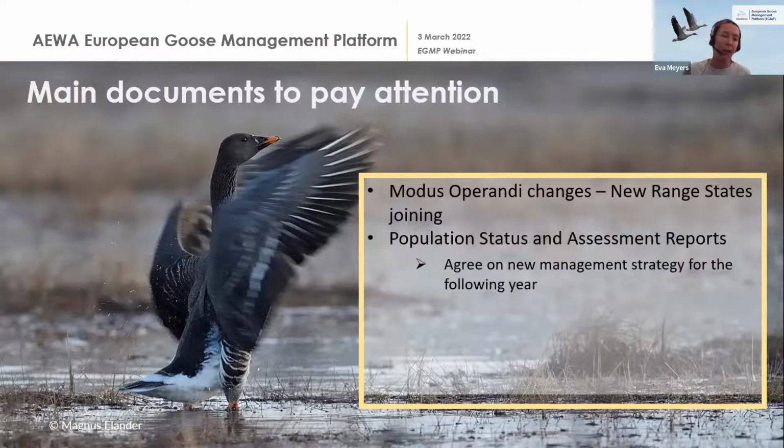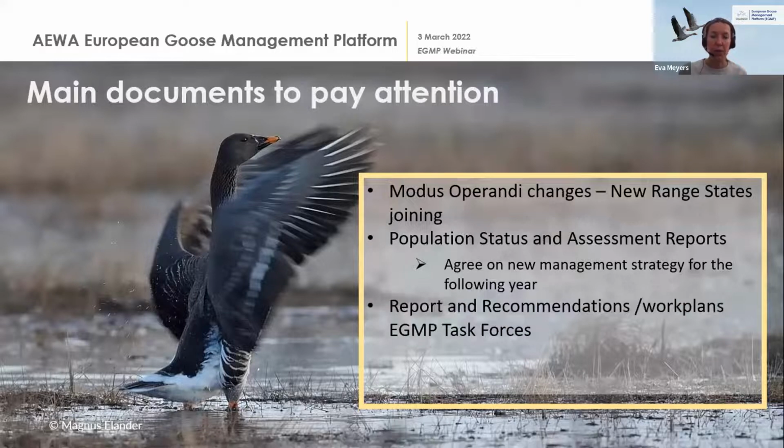And also very important would be the population status and assessment reports, the agreement on the new management strategies for the following years, pretty much the points that Gitte detailed in her presentation. And the reports and recommendations of the task forces. These are always very short, concise documents, but they show in a very quick glimpse the huge amount of fantastic work that the task forces are doing and what they're recommending to the range states.